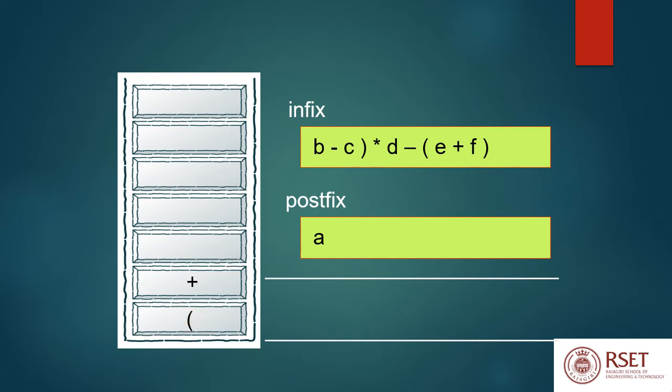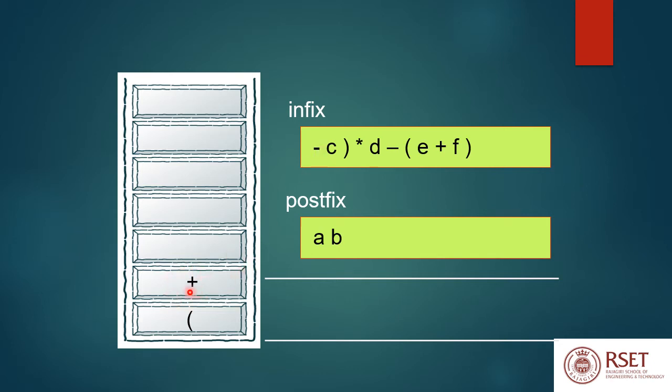Again, I see the next operand, B, to the postfix. Again, I want to push minus into the stack, because whenever I see an operator, I have to push it into the stack. But when I try to place this minus inside the stack, look at the operator on top of the stack. It is plus, which has equal precedence with minus.